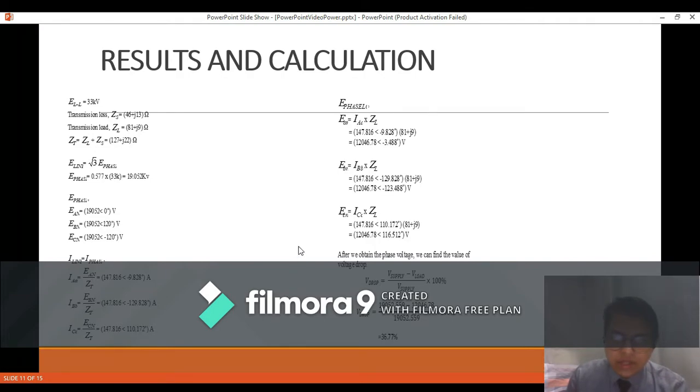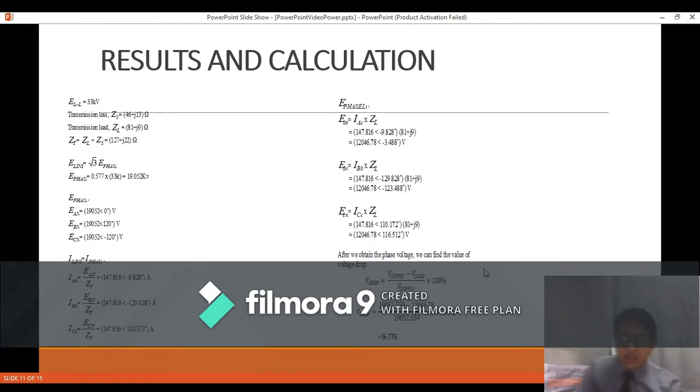And after that, continue with E phase, and after we obtain the E phase, we can find the value of voltage drop.